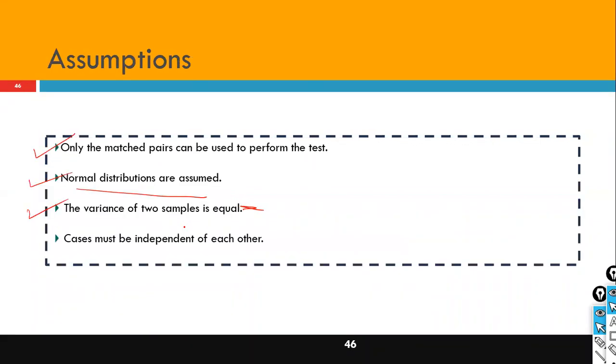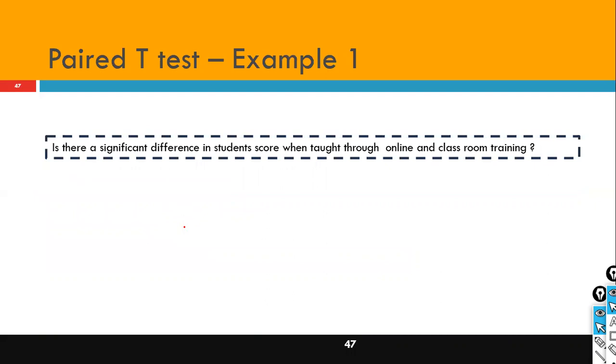Now I'll ask you this question. Is there a significant difference in student score when taught through online and classroom training? Here you need to tell me what is the independent variable and what is the dependent variable. Which one depends on which one, the online or classroom training, or the score?